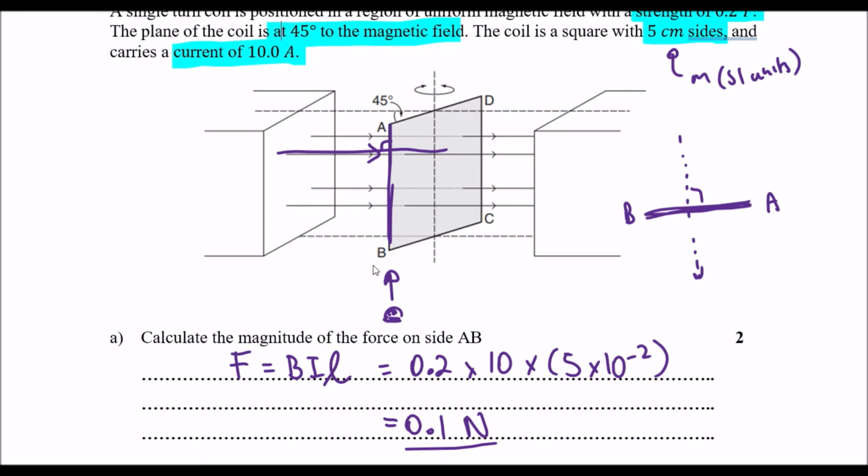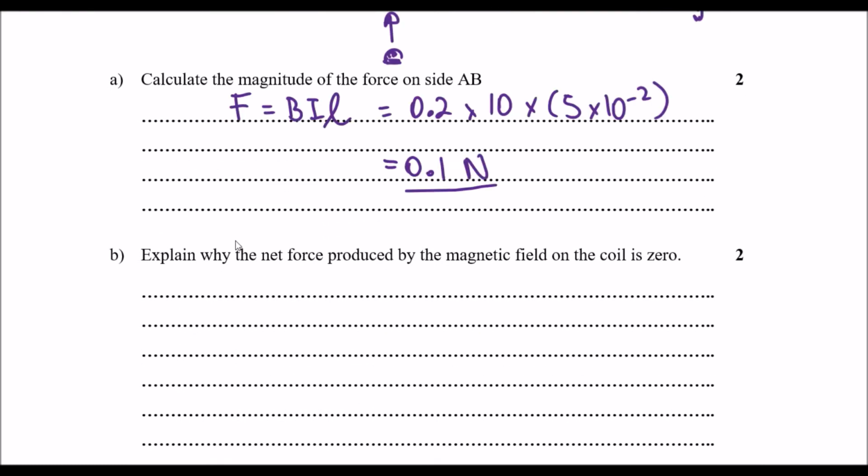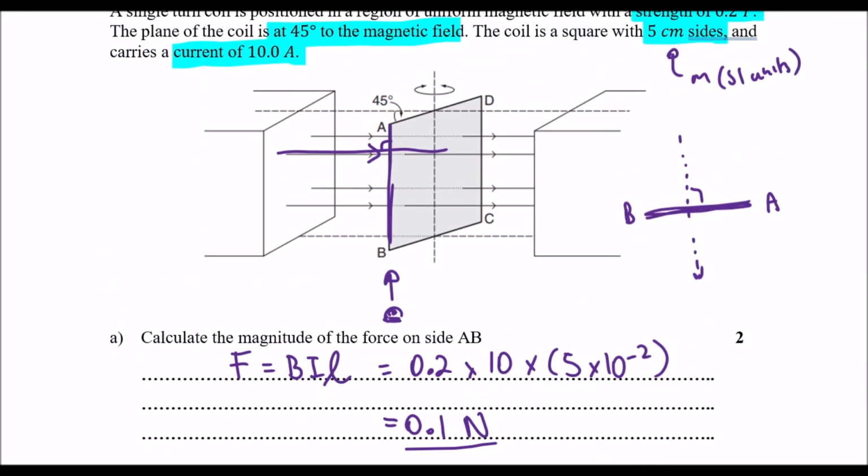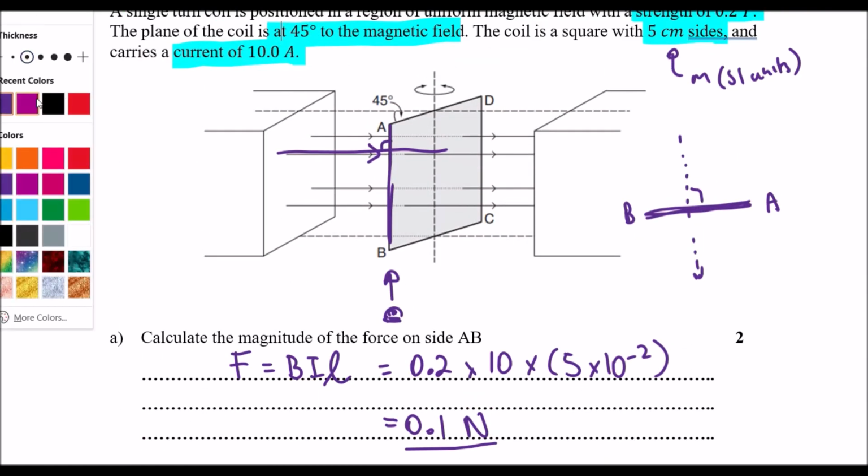Let's move on to our second question. And this one, it says, explain why the net force produced by the magnetic field on the coil is 0. Okay. So let's have a look at this diagram again. I'll switch colors.